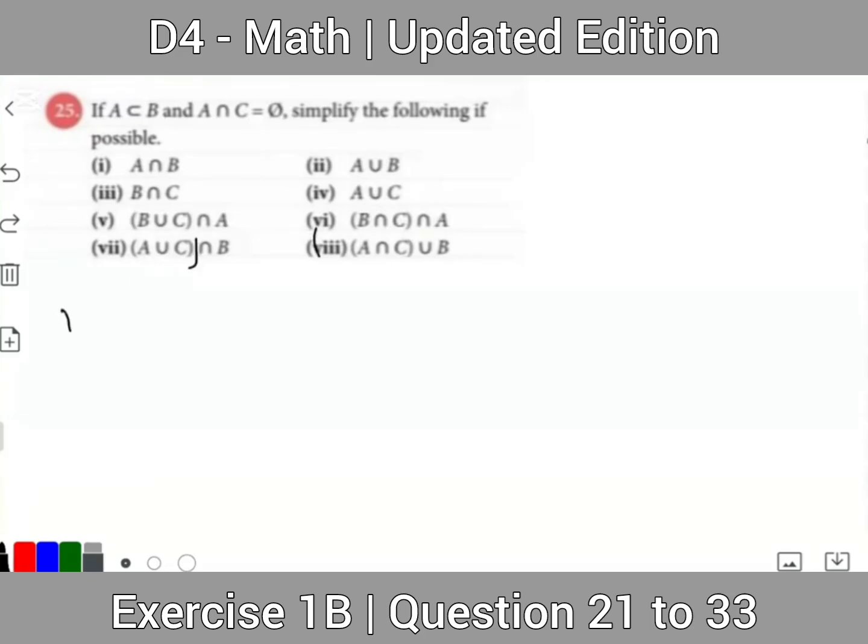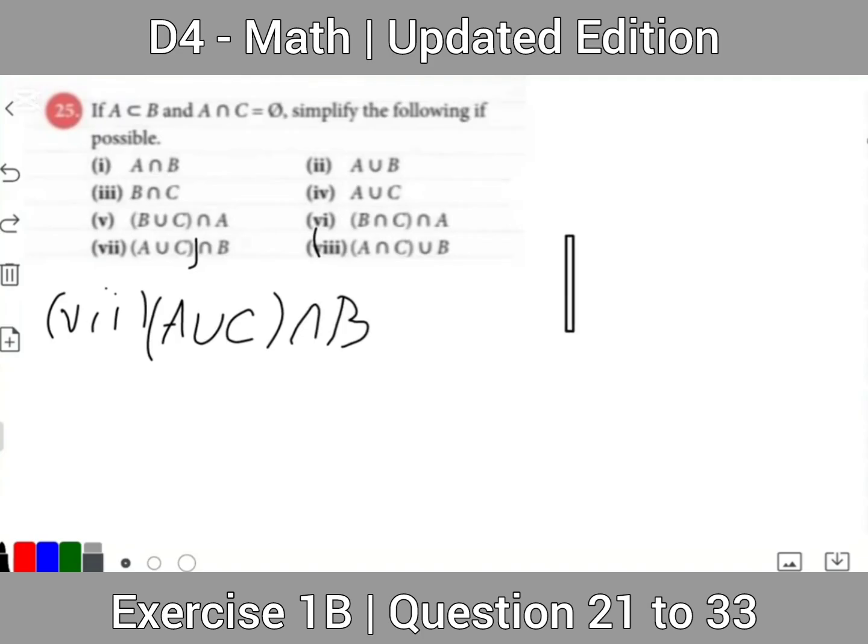Now in part 7, we have to find out A union C intersection B. For this, we will draw a rectangle representing the universal set eta.